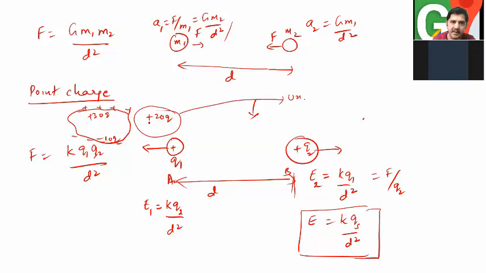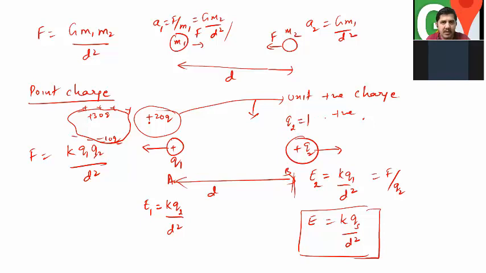We use one more terminology along with point charge: unit positive charge. What do you mean by unit positive charge? Positive is positive, unit means one. Therefore, the charge you are considering, Q2, is equal to 1.